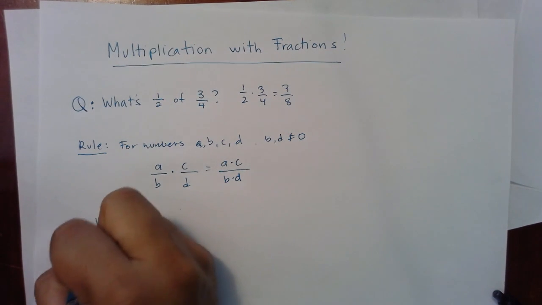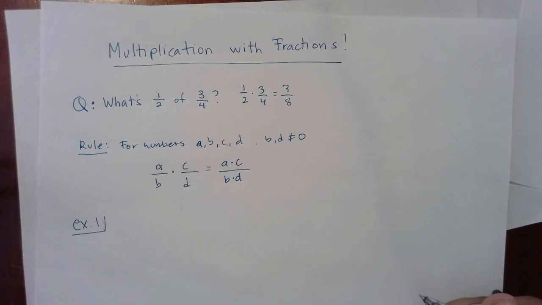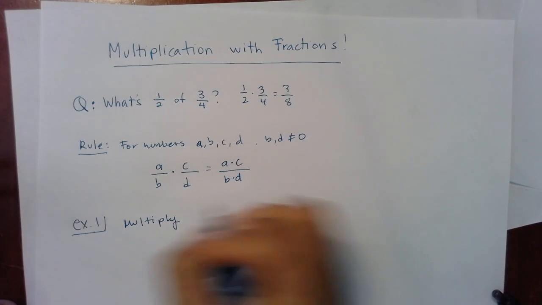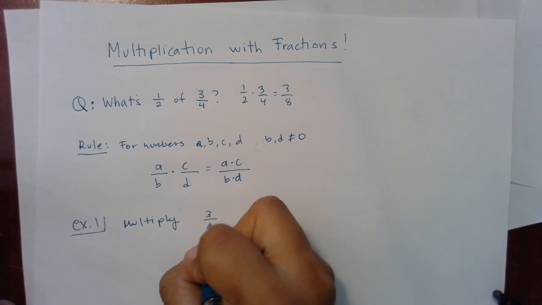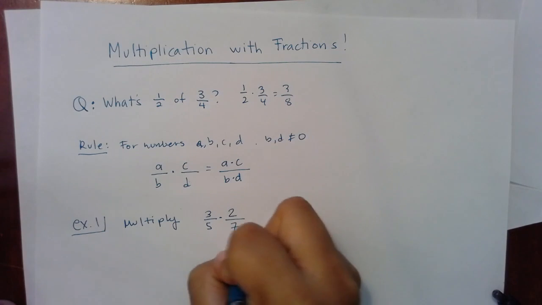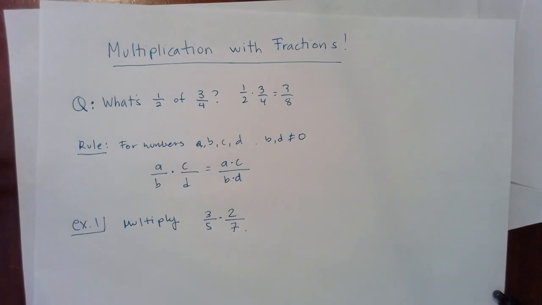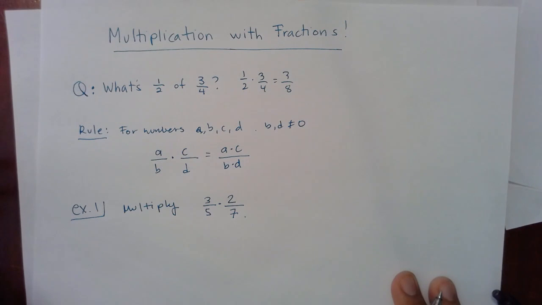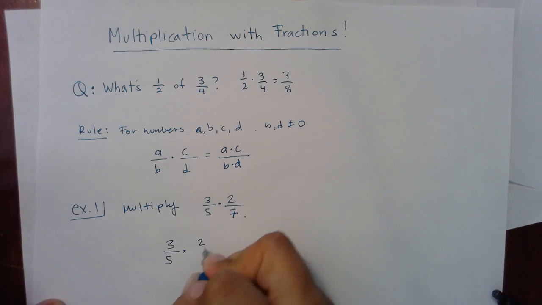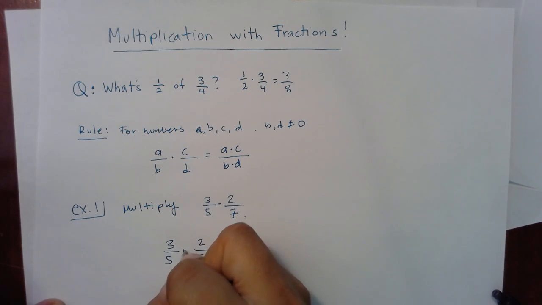Okay, great. So let's see some examples of this. Example 1. Let's multiply 3/5 times 2/7. So we have 3/5 times 2/7, and you can use either the times mark, but I like to use the dot.